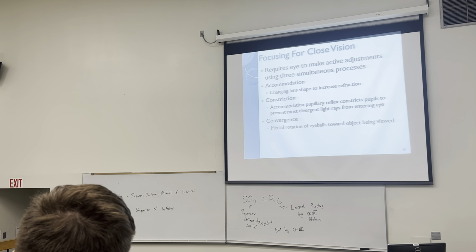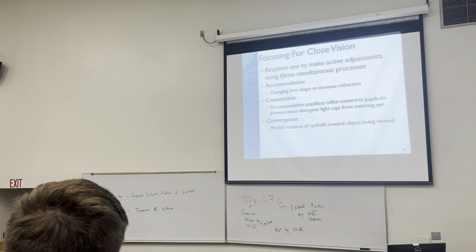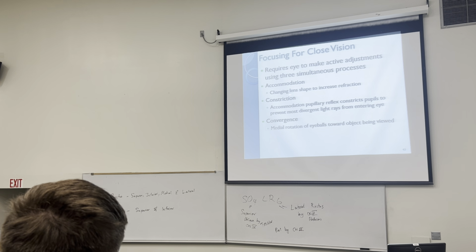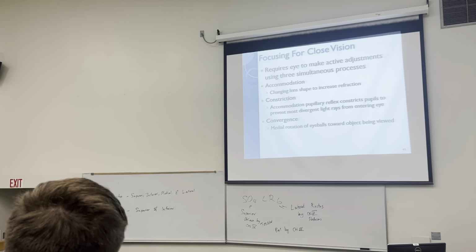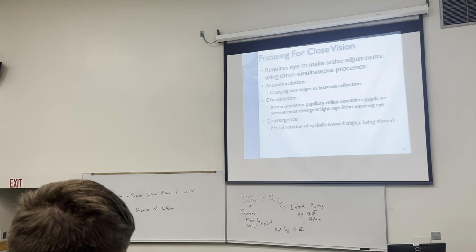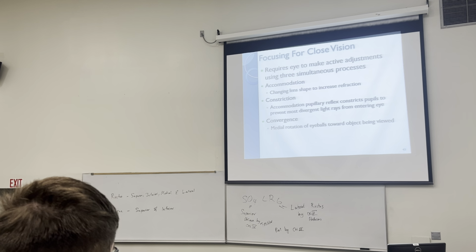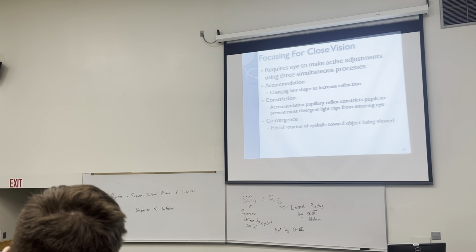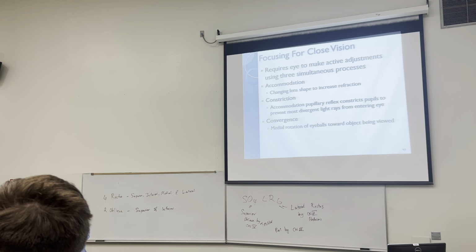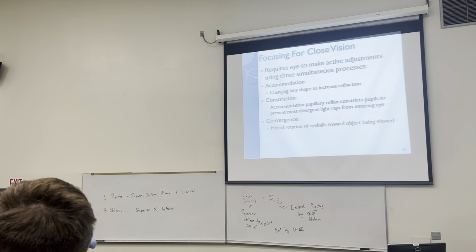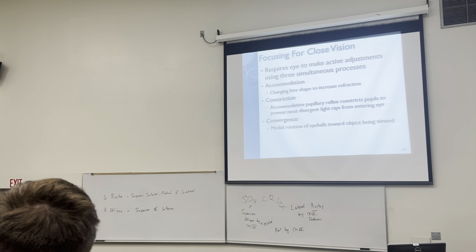Constrict, because you're concentrating on something small. So pupillary constriction. The two eyes will converge, tilted towards the middle rather than parallel, as well as the lens changes shape, becoming more round when you're looking at something close by.